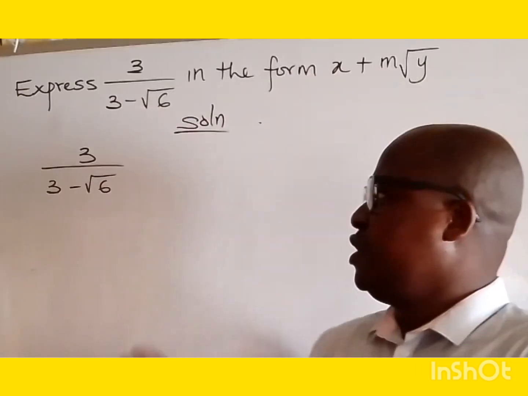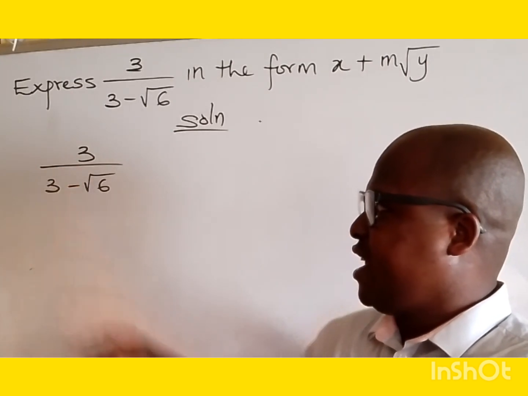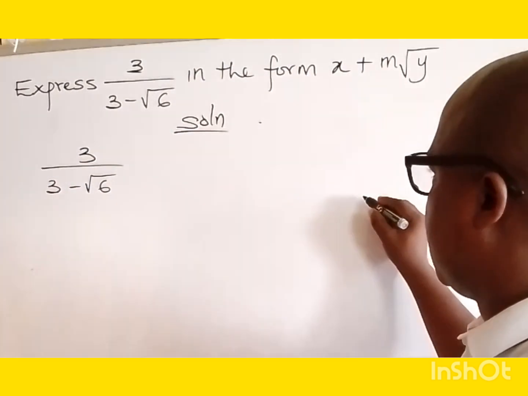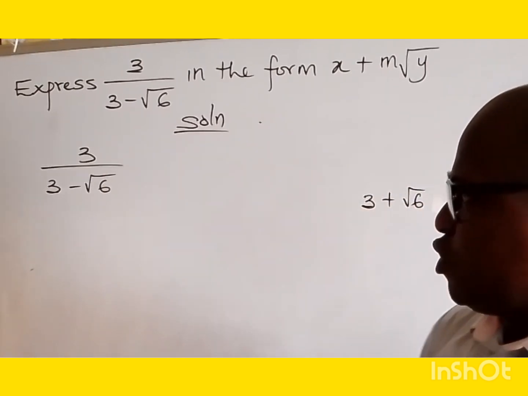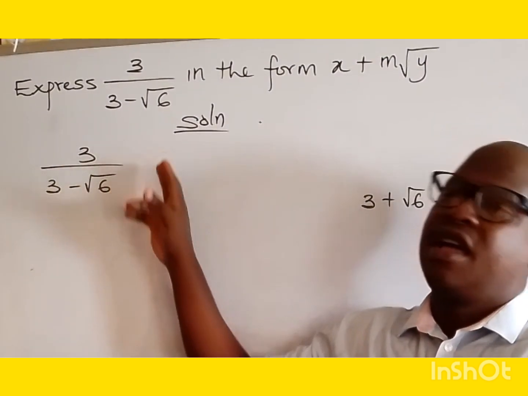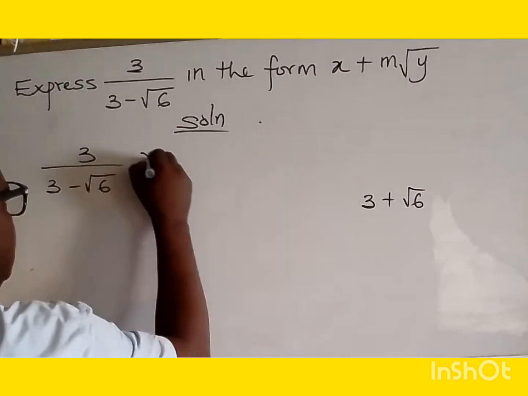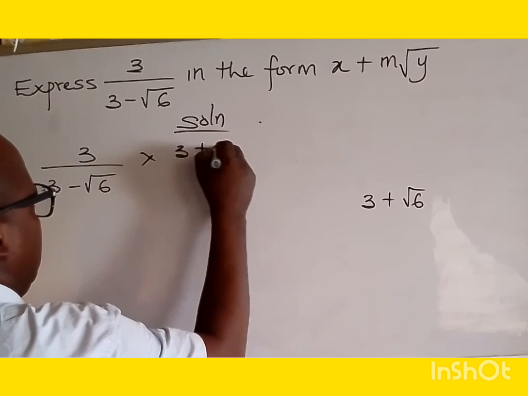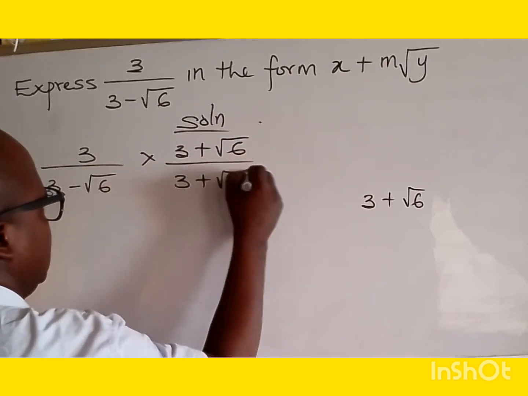The conjugate of the denominator will be 3 plus root 6. So I'm going to multiply both numerator and denominator by this conjugate: times 3 plus root 6 all over 3 plus root 6.